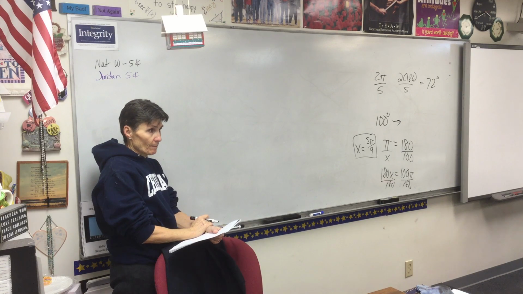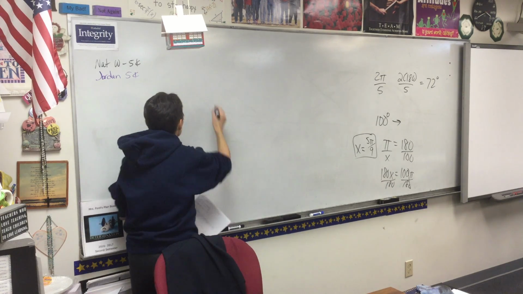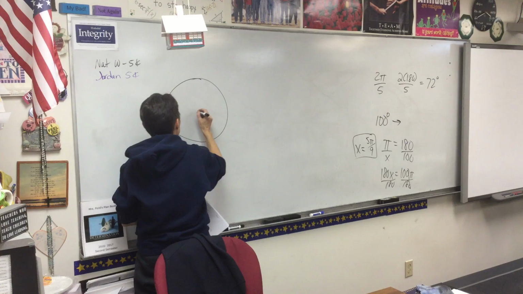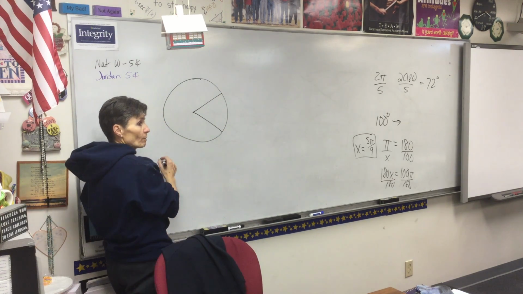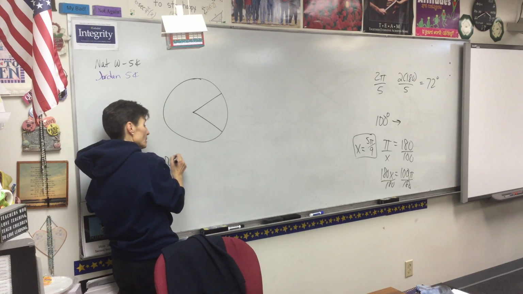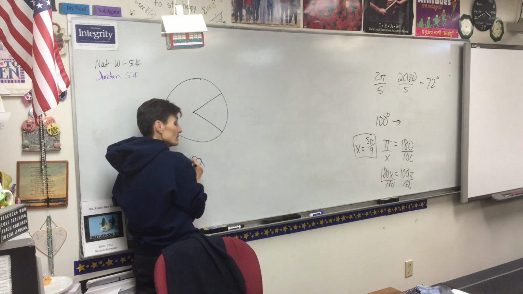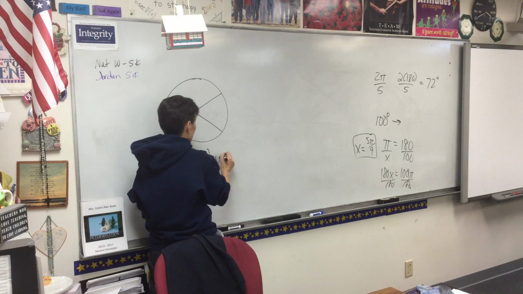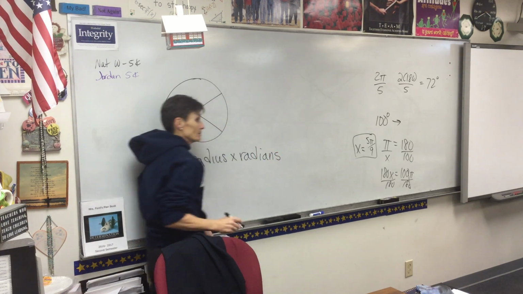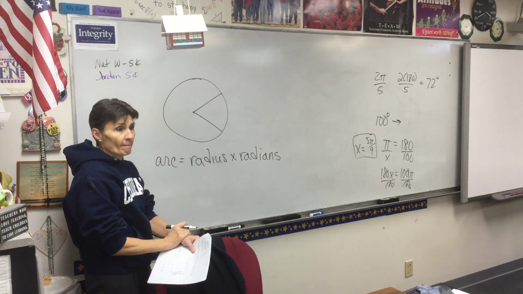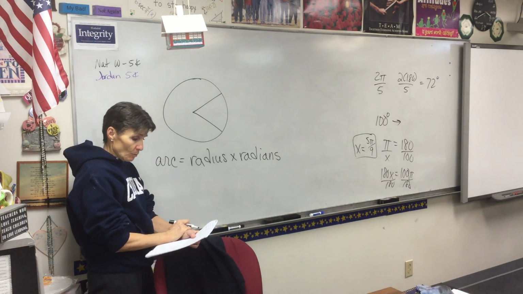Find the measure of the arc. Okay, the minute I read those words, I envision this scenario. And I think of what formula? Arc length equals radius times radians. Okay, so what do we know?